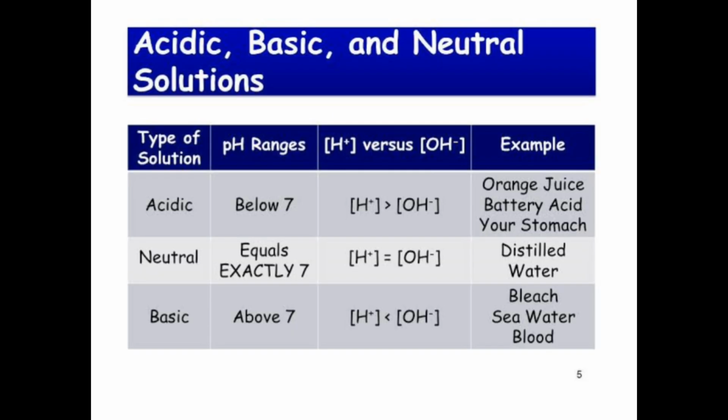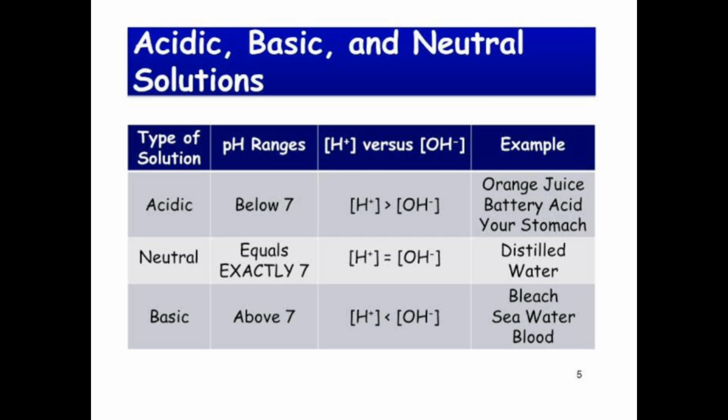Now let's check again for acidic, basic, and neutral solutions. The pH range for acidic is below 7, and examples are battery acid, stomach acid, and orange juice. For the neutral one, the pH is 7, and an example is distilled water. Even your blood has a pH of 7; if it's more than that, the person can die.